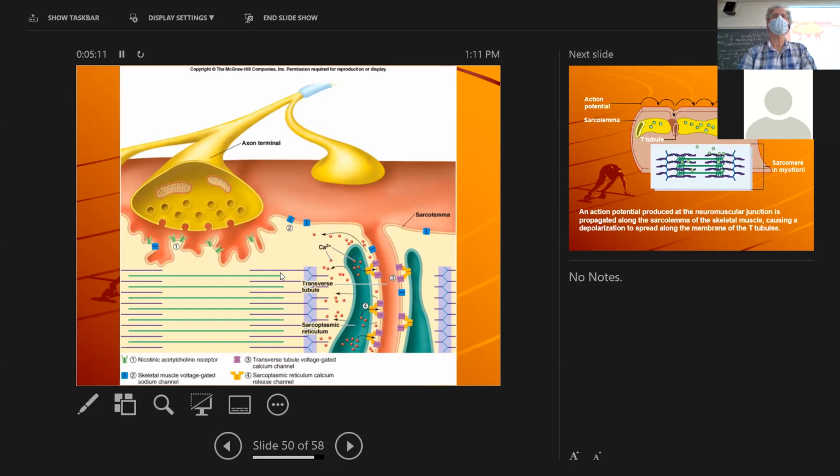That calcium now binds to the troponin. Troponin changes shape, moves the tropomyosin off the actin. So now the myosin can bind it. The ATP from the mitochondria will cause the myosin now to undergo its power stroke cycle, and you'll drag the thin filaments toward each other.